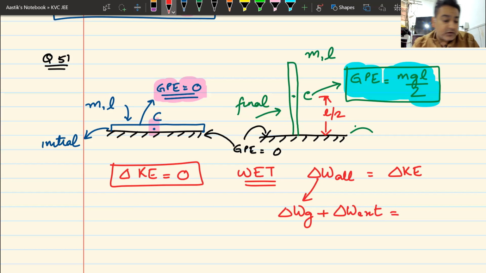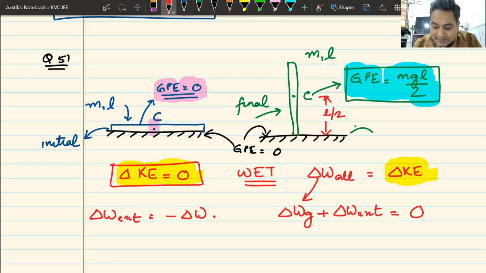Their sum has to be equal to change in kinetic energy. But as you can see, the change in kinetic energy, delta KE, is 0, and hence this becomes 0. So the work done by the external agent becomes minus of work done by gravity. And minus work done by gravity is the change in potential energy, because work done by gravity is negative of that.